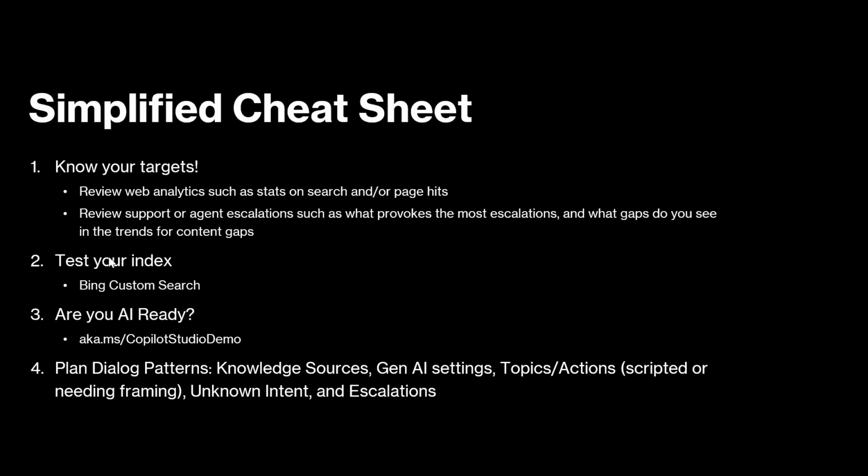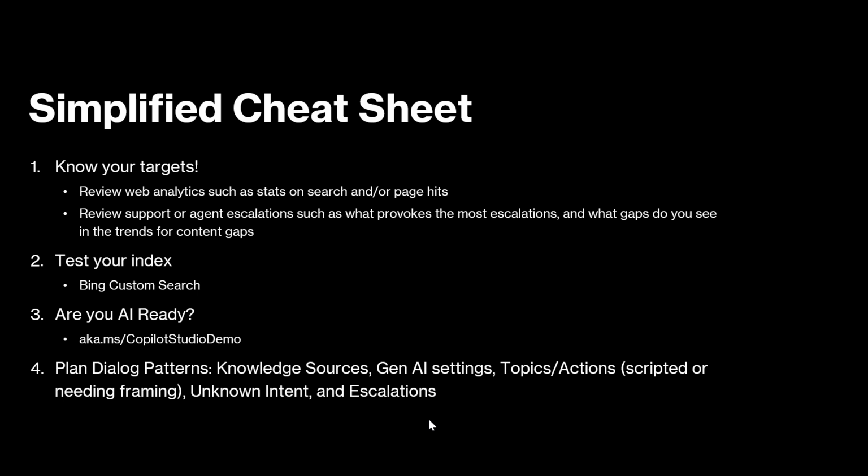You're going to use all the information that you glean from above to determine where and what knowledge sources you need, what your Gen AI settings should be, what topics and actions you might need, which may be scripted or in need of framing, and how you would allow unknown intent to be acceptable, which means there is no topic or action. It's just going to go straight to unknown intent or using generative AI. And then in some cases, especially those of you that are using Dynamics, you may have an omni-channel and you want to escalate to a live agent.